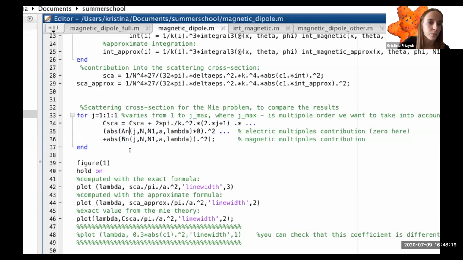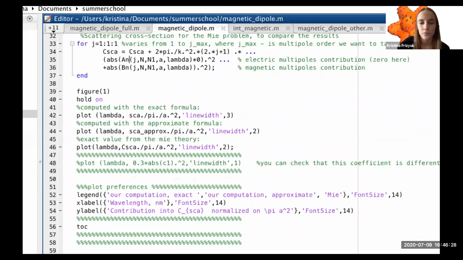So, for decomposition into spherical harmonic modes, I'm not sure which example you mean. Wait a minute.